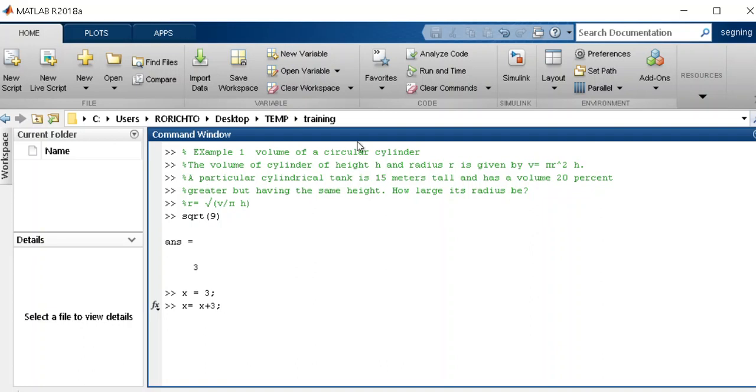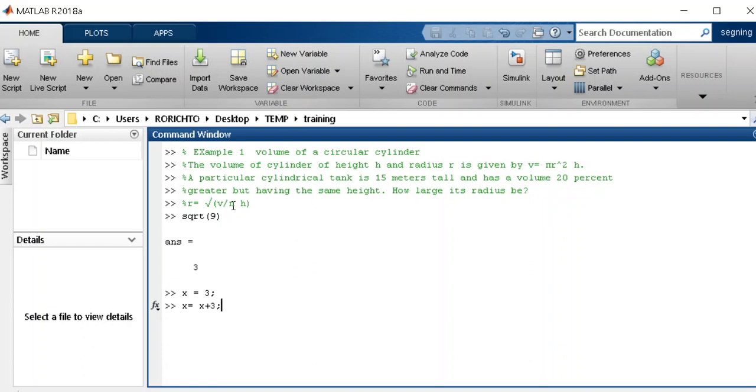A particular cylindrical tank is 50 meters tall and has a volume 20% greater but having the same height. How large is the radius? That is the question. We want to calculate the radius of that tank.